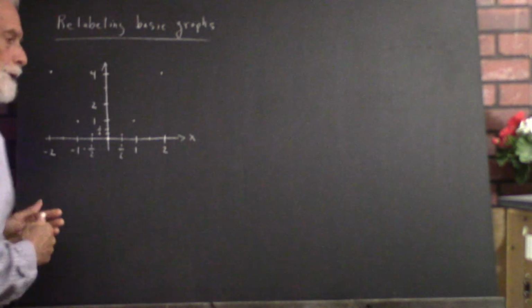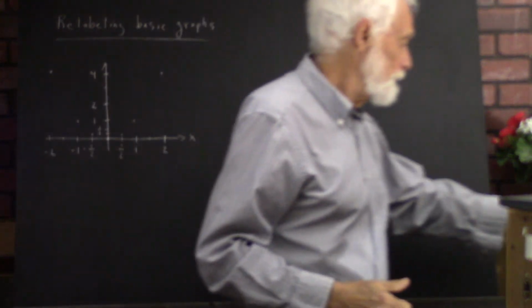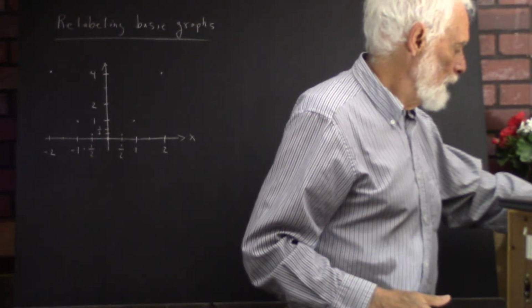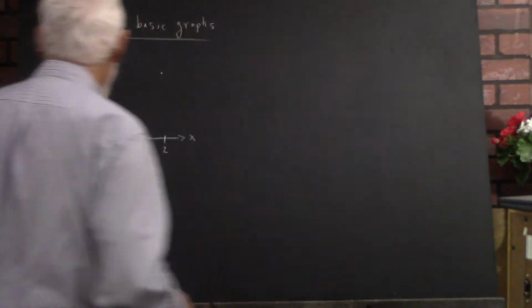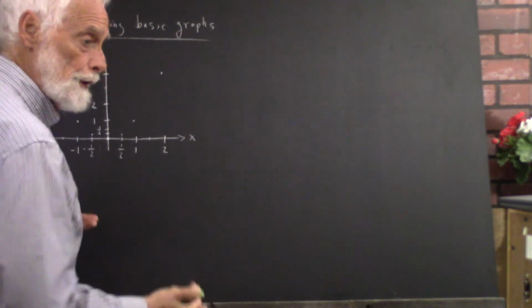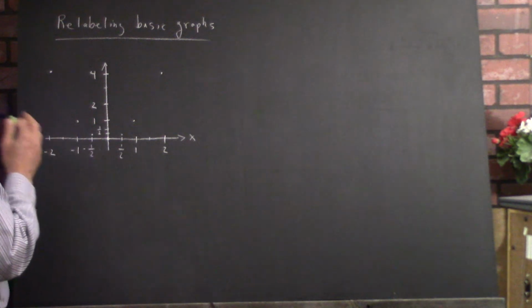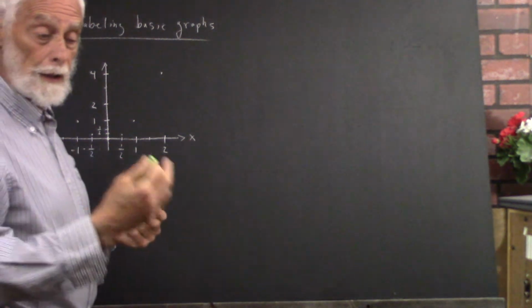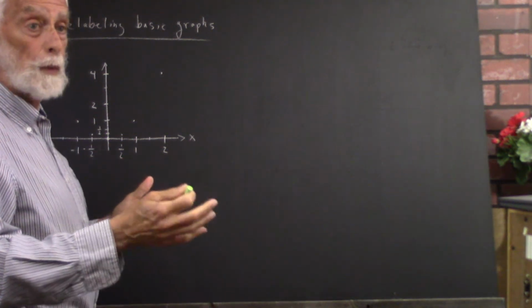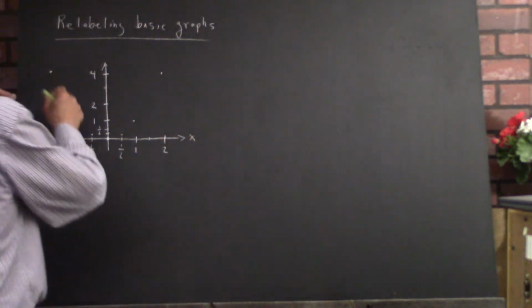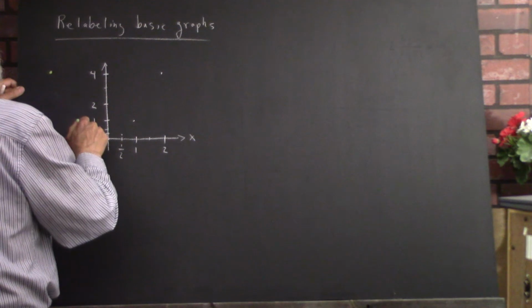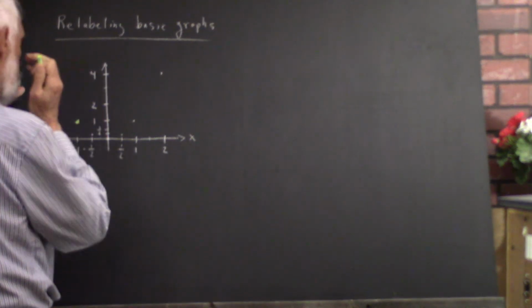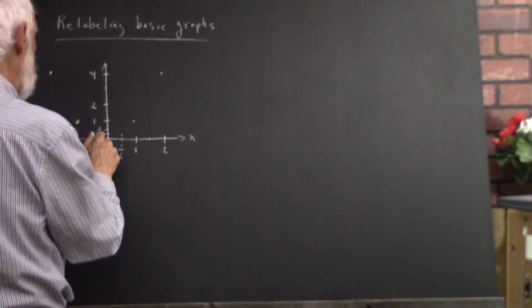And right here is a graph of the basic function, because the basic function is confined to the domain consisting of x values -2, -1, -1/2, 0, 1/2, 1, 2. 7 points. It's a 7-point graph. And every one of these points has coordinates that we can completely understand.